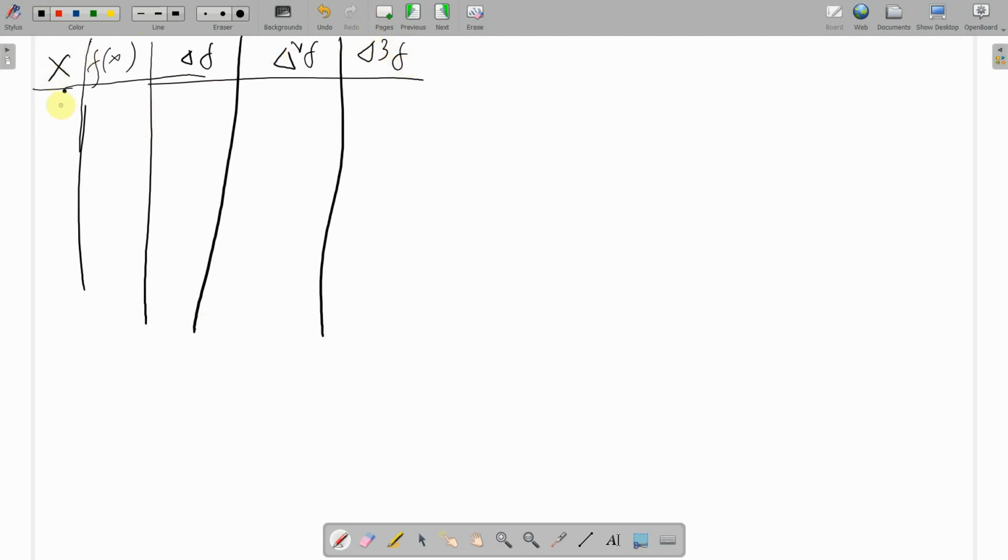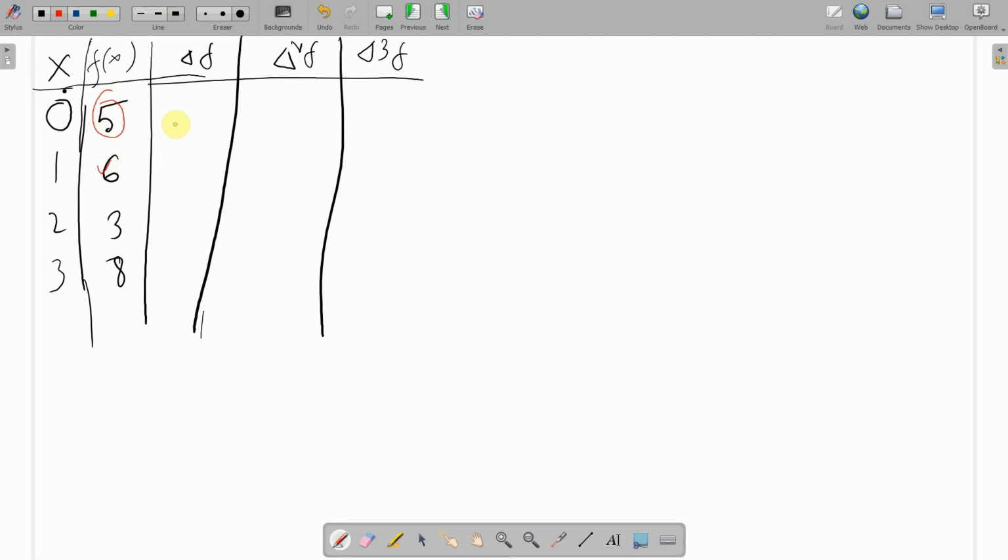Now I'm taking the data points 0, 1, 2, 3, and the values are 5, 6, 3 and 8. Am I right? So what will be the value of delta f? Delta f value will be, subtracting 5 from this one.